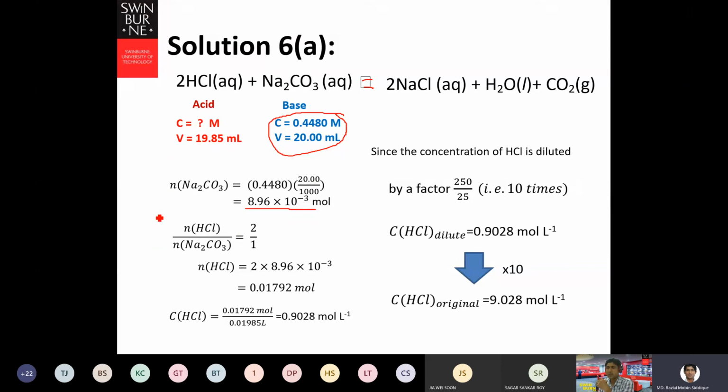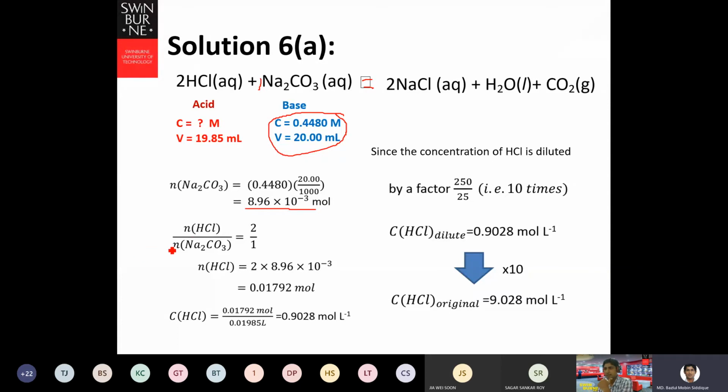The HCl will be exactly half of the number of moles. HCl will be exactly half because 2:1. If 1 mole, I need 2 moles of it, right? So if I have 1 HCl, I have half of this sodium carbonate.